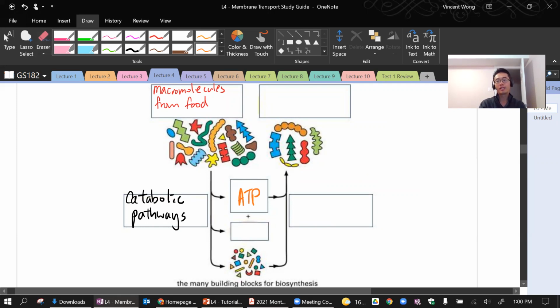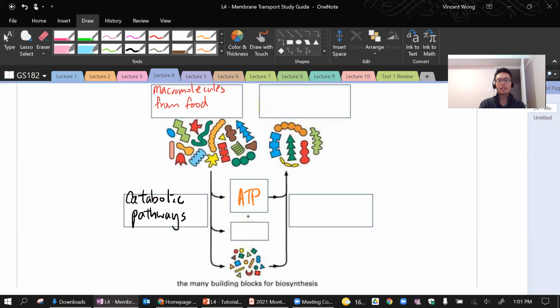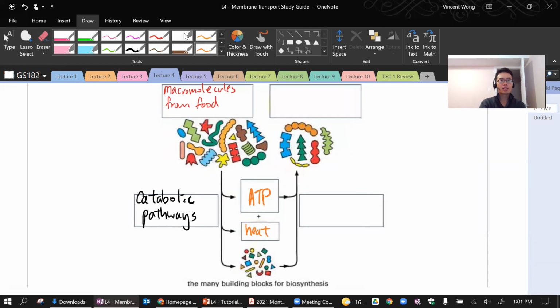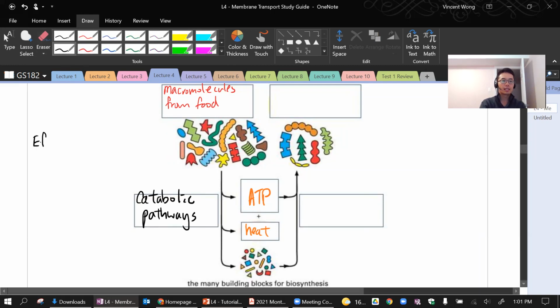It's very inefficient. We are only about 30% efficient, and most of the energy is actually lost as heat. Let me explain efficiency a little bit for those of you who find it abstract. What does that mean?